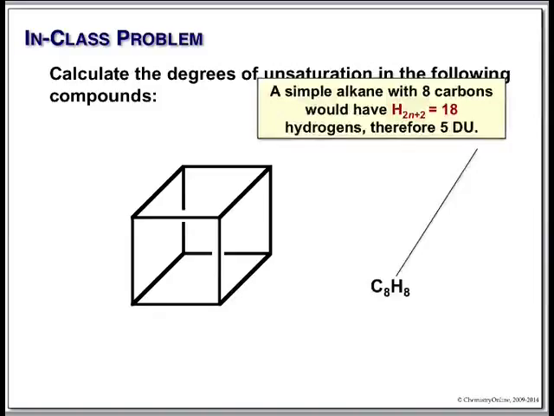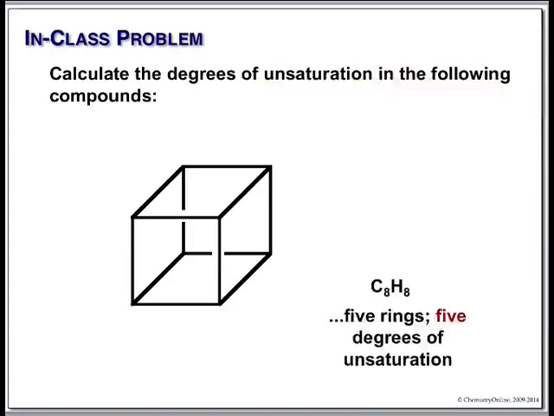Now remember I said we could count the rings. That's the fun way to do it. We'll start somewhere and we'll make a ring. That'll work. Now we're going to start somewhere on one of these carbons and make another ring.